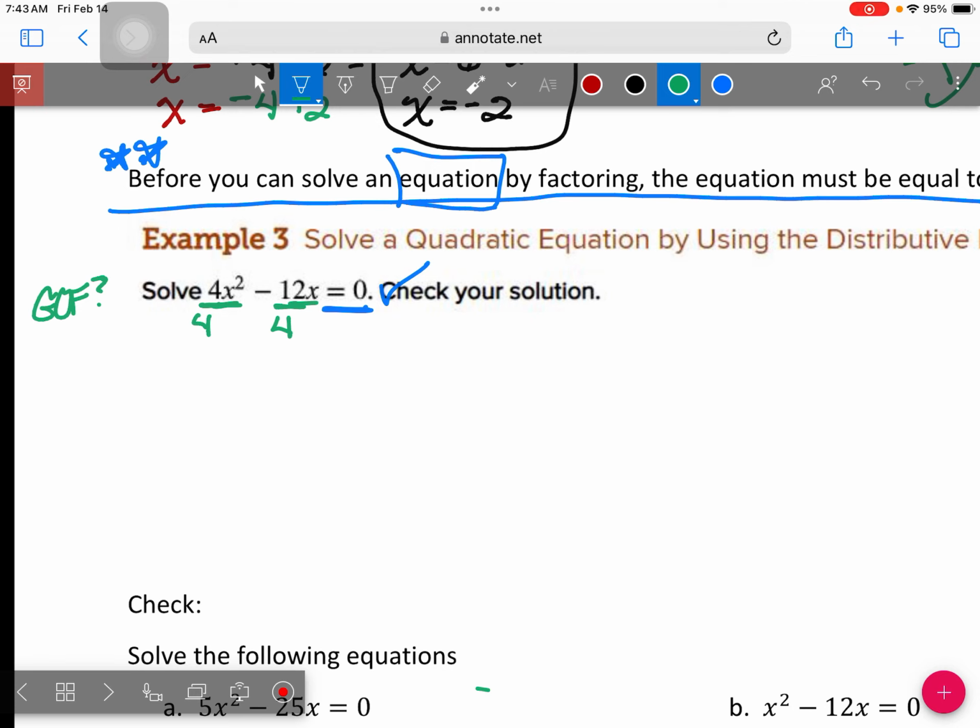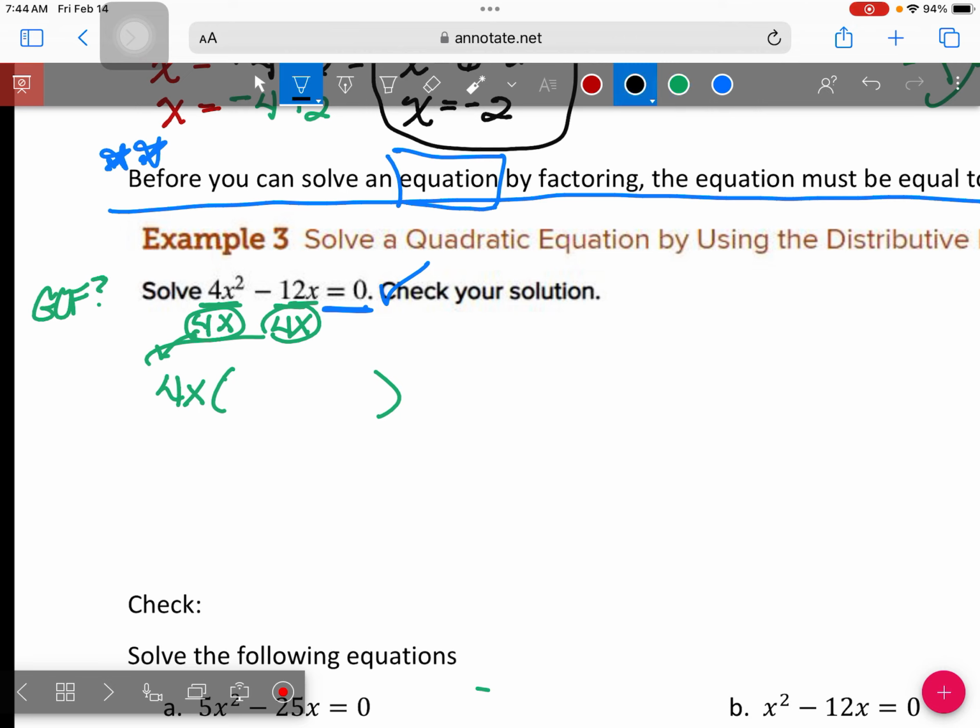X to the, not third. This one only has 1, so it's 4x, x to the first. This is your greatest common factor, so factor that out front. 4x, and then what do we have left?